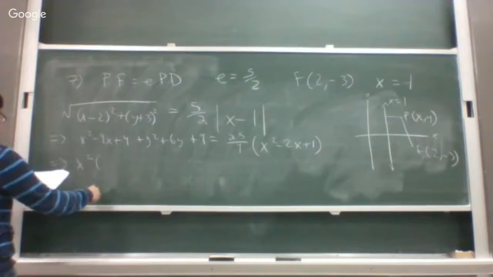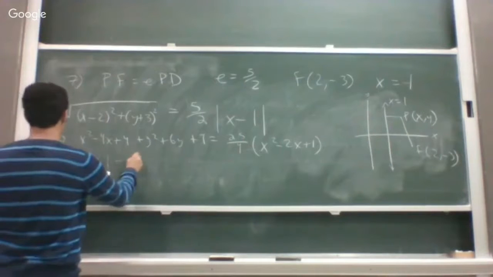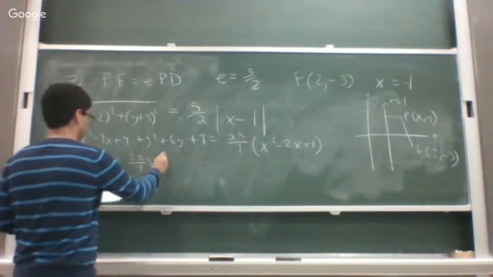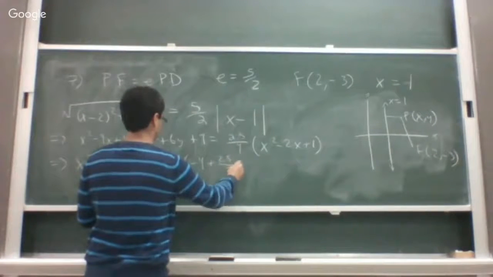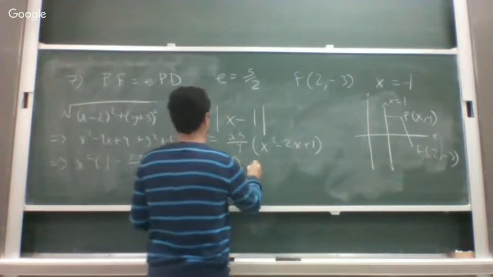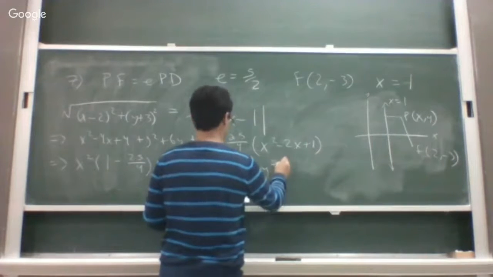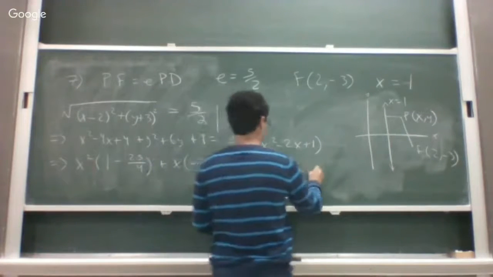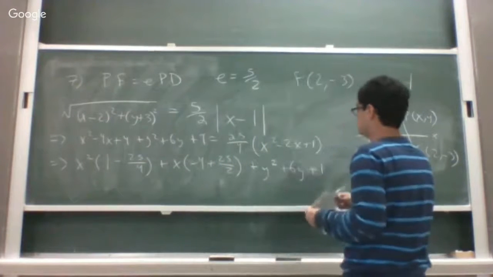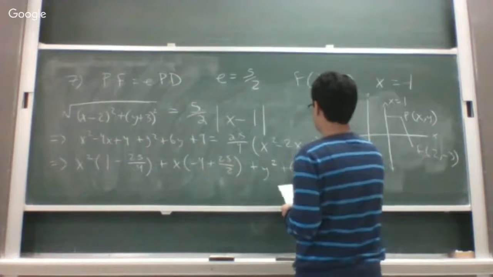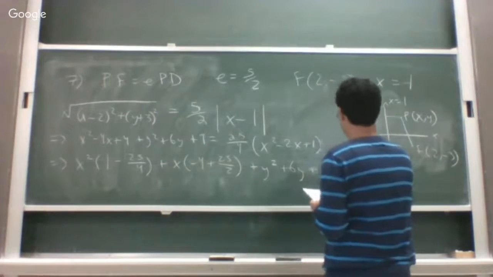For the x squared, we have the coefficient of 1 minus 25 over 4, plus x times (-4 plus 25 over 2), plus y squared plus 6y plus 13 minus 25 over 4 equals 0.